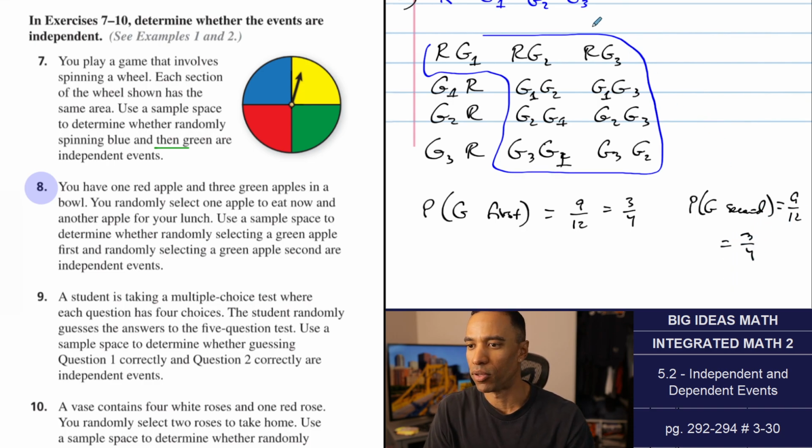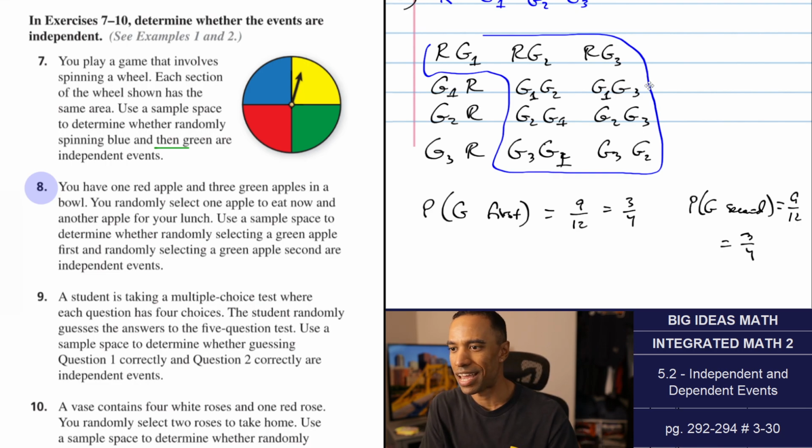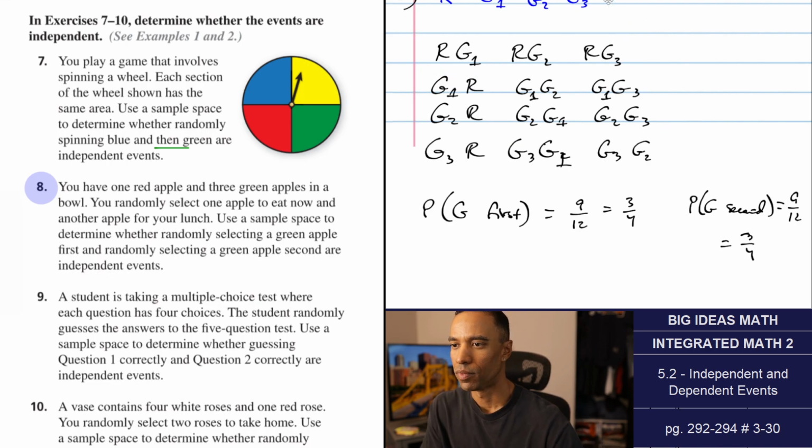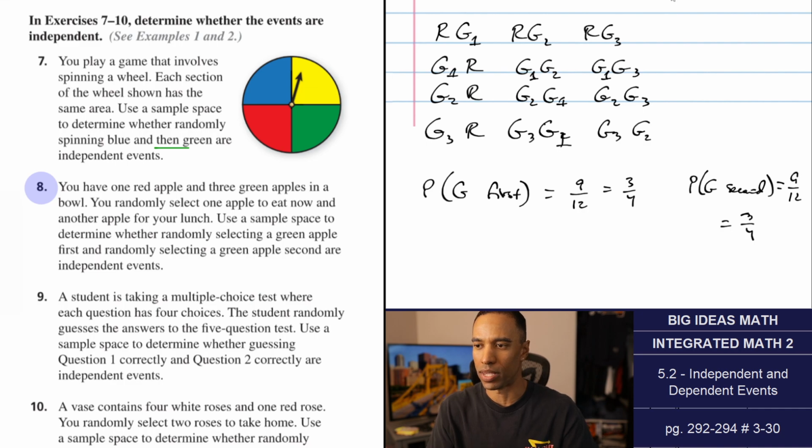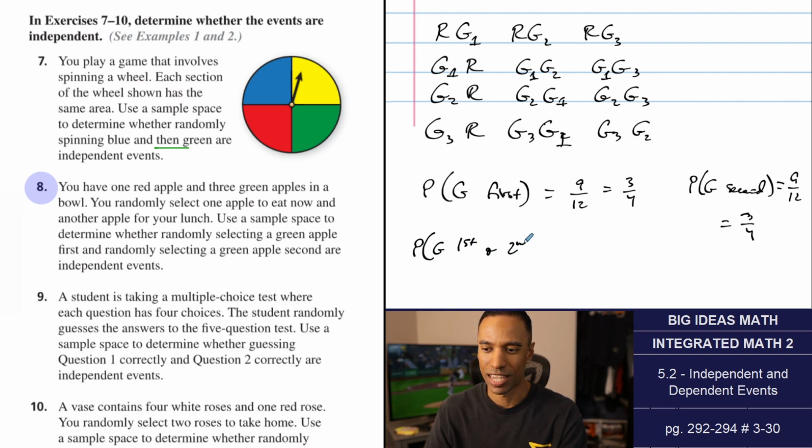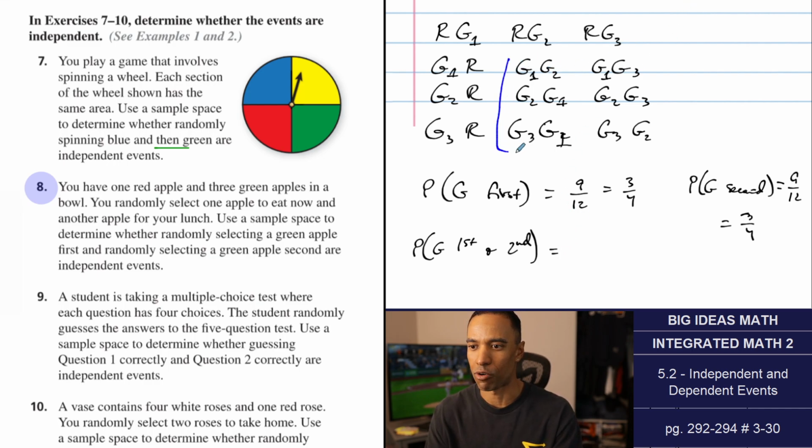Now let's see the probability that you select green first and second overall. And then let's see if by multiplying these we get the same thing. So the probability of green first and second is just this set right here. Notice we have to eliminate the ones that have red in them.